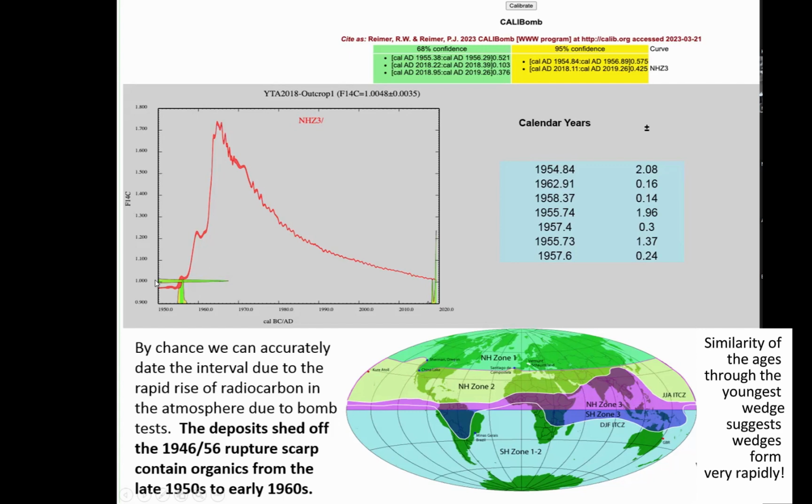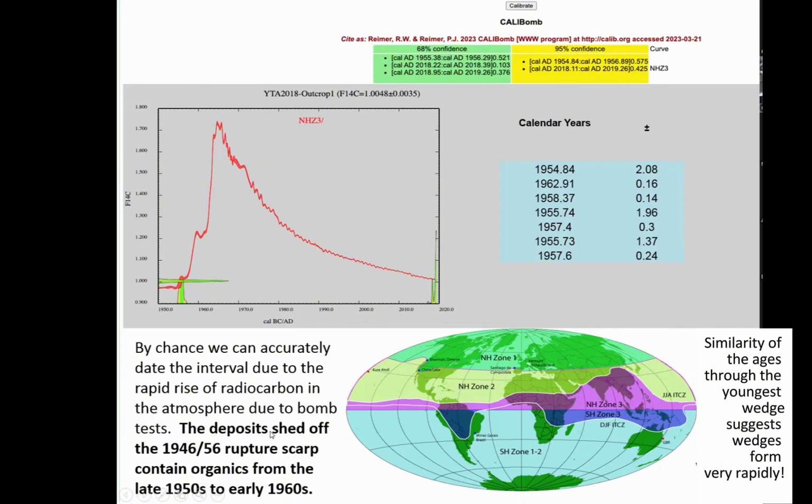And so what we do is we look at how much radiocarbon is in the sample, and that's this peak. It intersects this curve of accumulating radiocarbon, and then we can get an age range. So we actually did this for 7 samples in the top wedge.